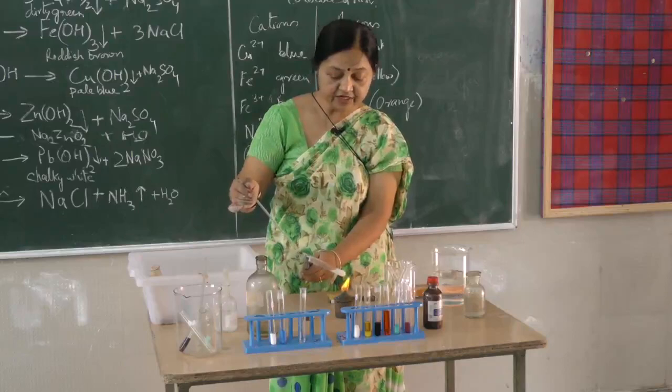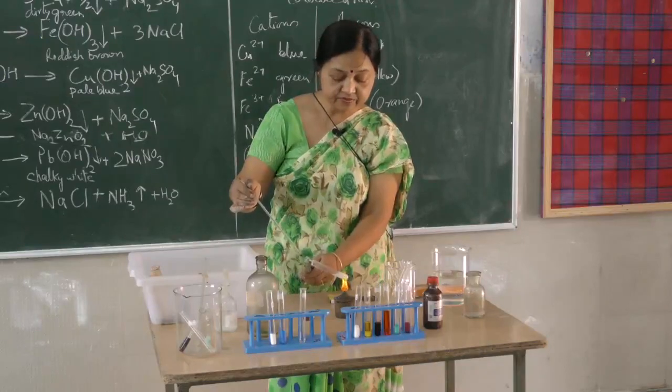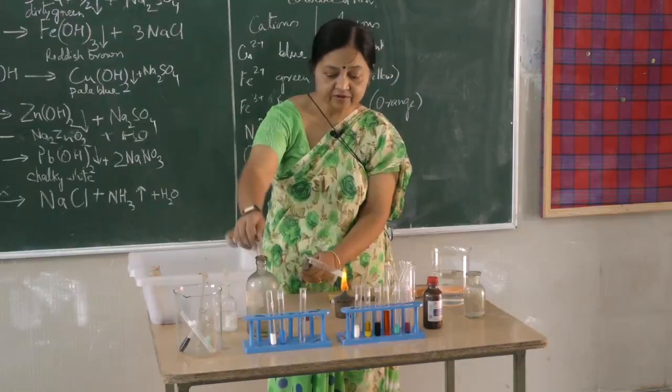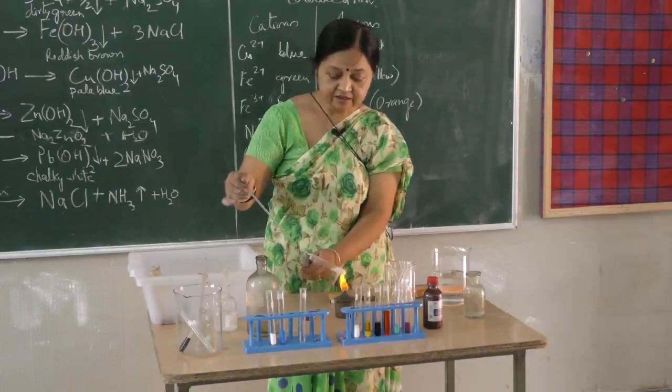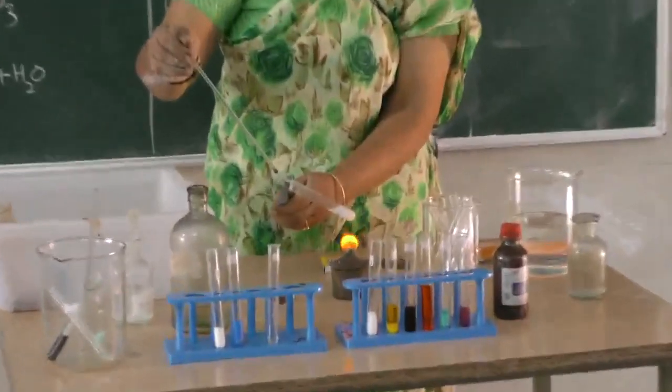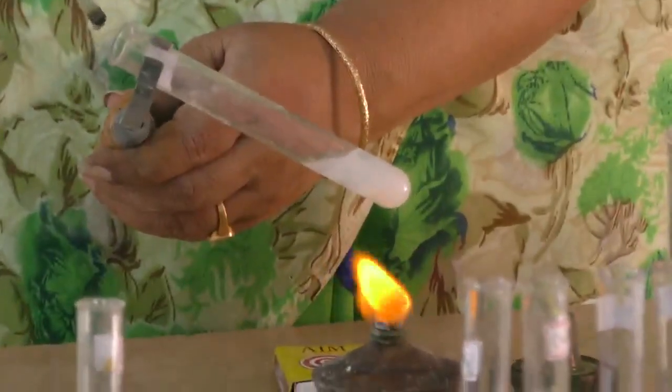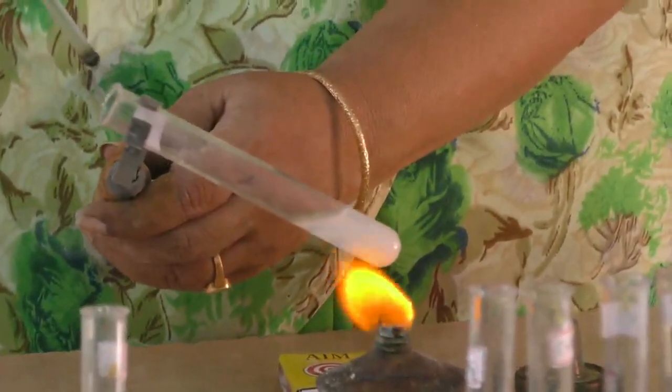Can you observe the faint dense white fumes? In close up maybe, if you see this. From here I can see the fumes, but whether you can see it or not, I don't know.